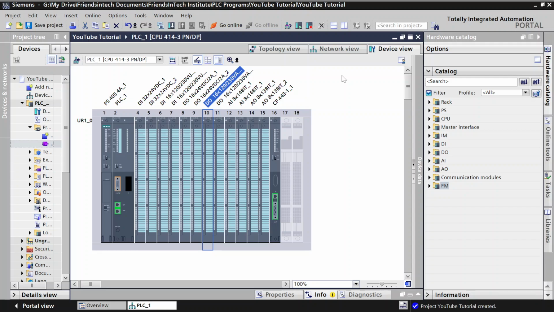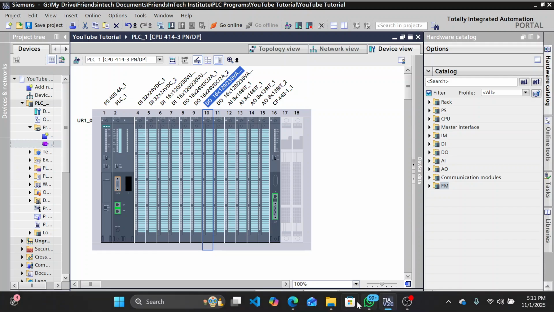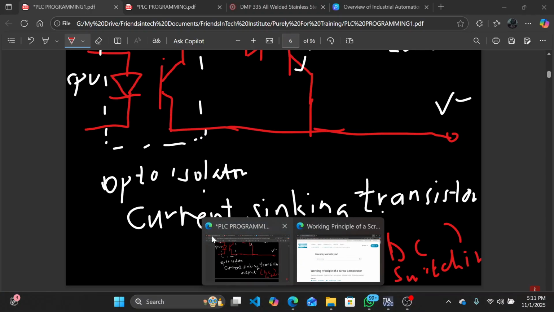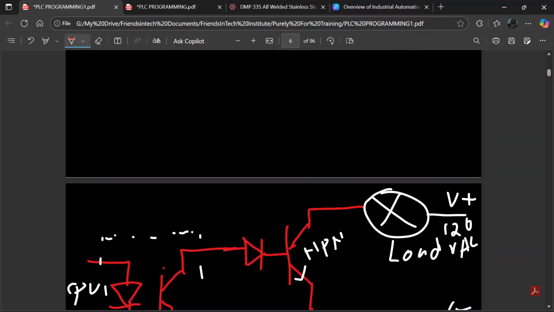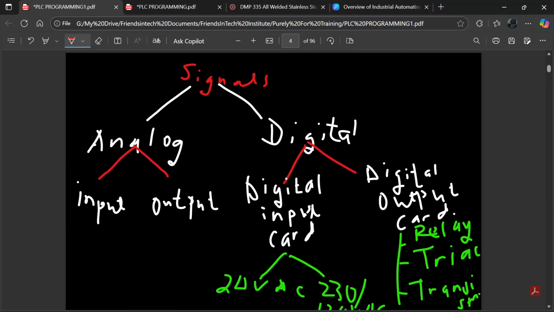So if we connect an analog signal, now let's go back to analog. I think we are done with digital. So let's focus on analog now.